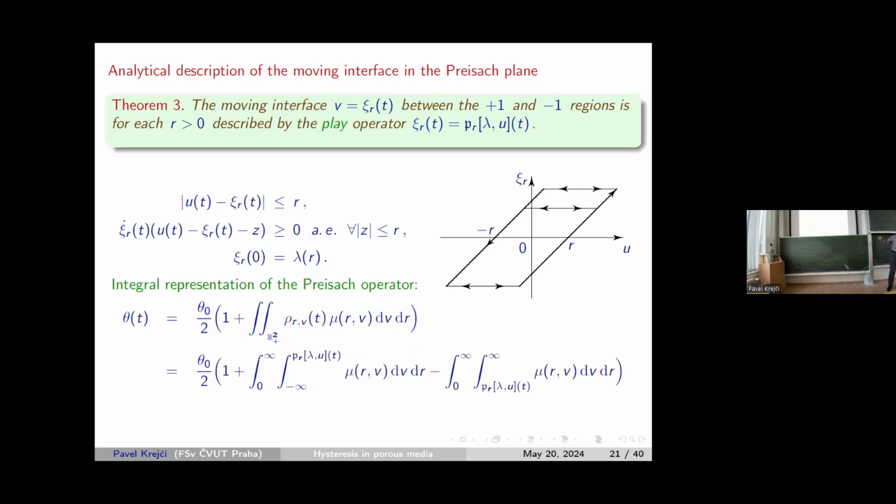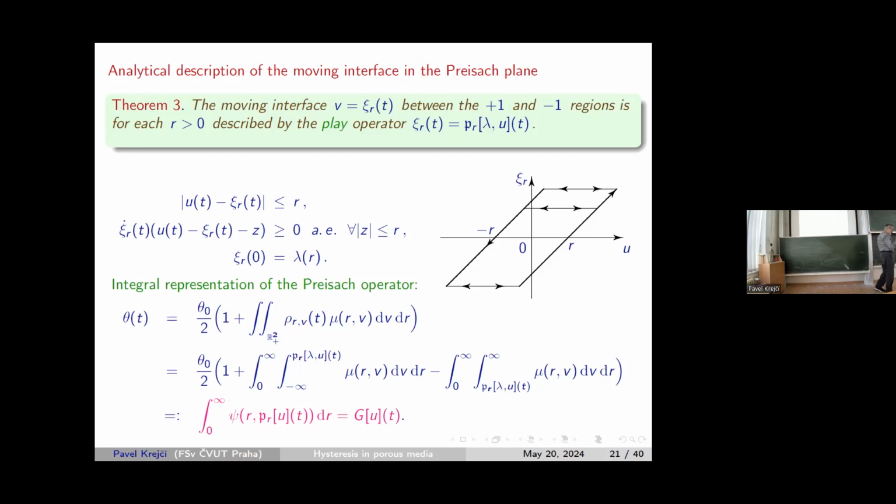The domain where the relays are +1, which are below the plane, and -1, which are above, which is nothing but the integral over all possible values of the size of the relay, the nonlinear superposition of the play operators integrated over R. I have removed the dependence on lambda just to simplify the presentation.